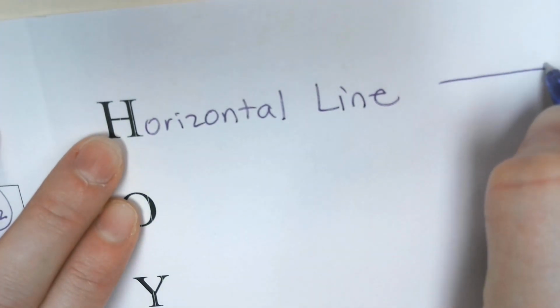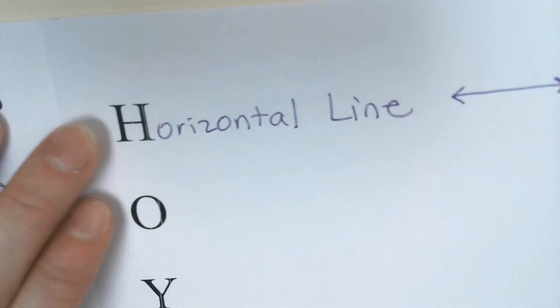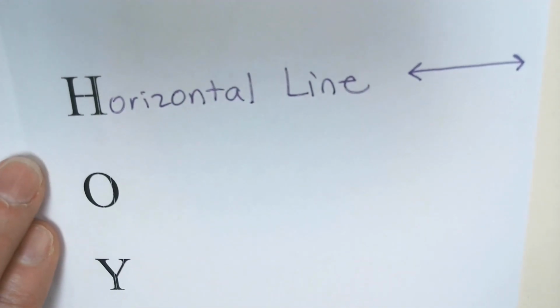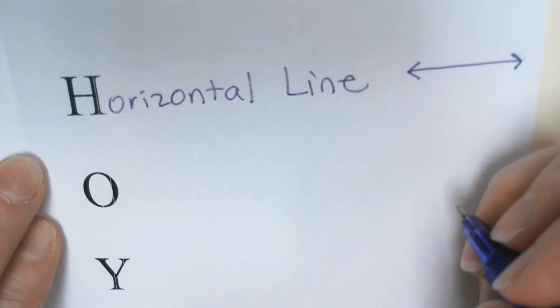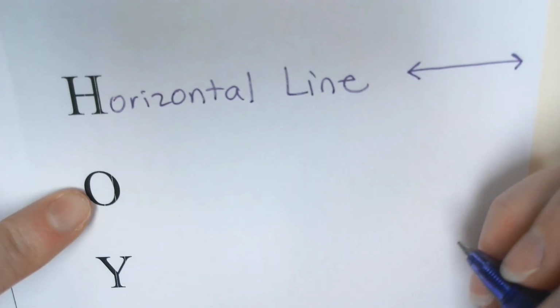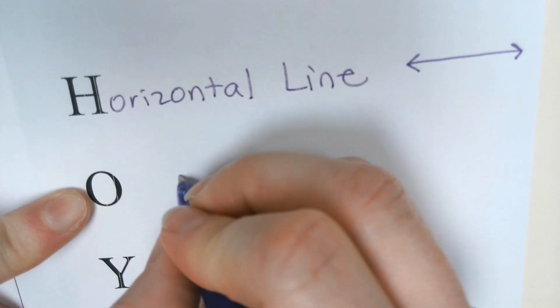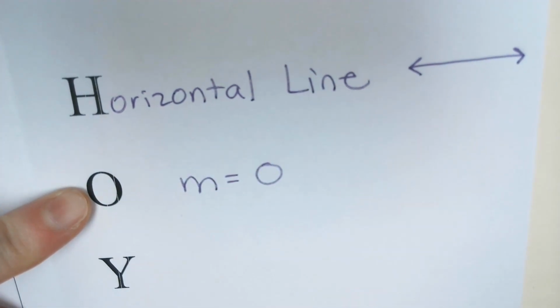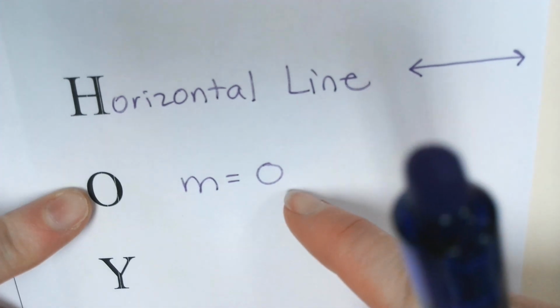Horizontal line is this. If you have a horizontal line, the slope is going to be 0. So 0 slope. M equals 0. That's what Hoy, the O in Hoy means.